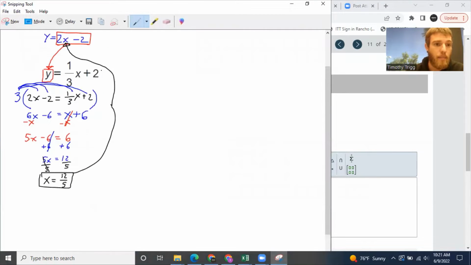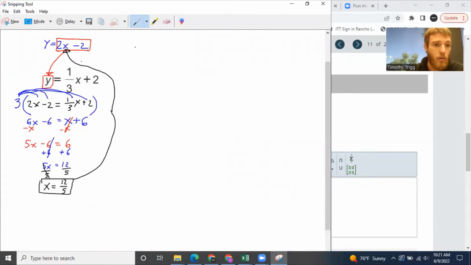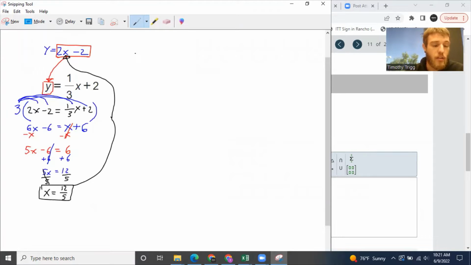So now this equation would say y equals 2 times x, and the value of x is 12/5. And then minus 2. Again, just replacing the x with the value of x that we found.